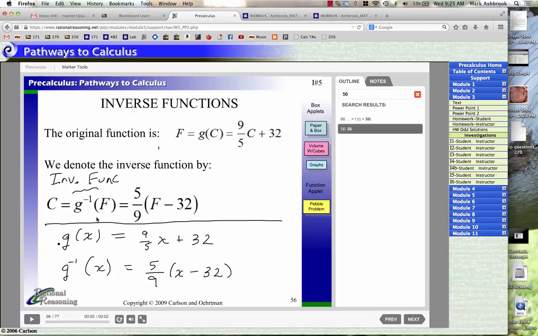So what does x represent in this first line? What is the meaning of x in that first line? Degrees Celsius. So we need to know that the g function takes Celsius and converts it to Fahrenheit. What is the x in the second one? Degrees Fahrenheit. So x takes on a different meaning if we write both of those out like that, because in the inverse function, that input will be Fahrenheit and the output will be Celsius.